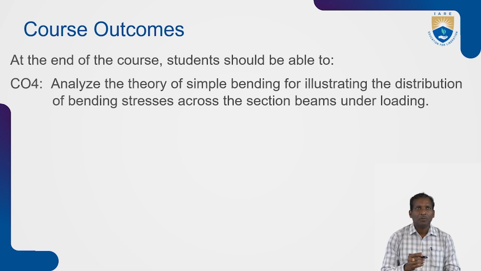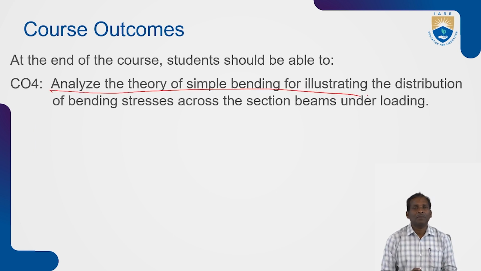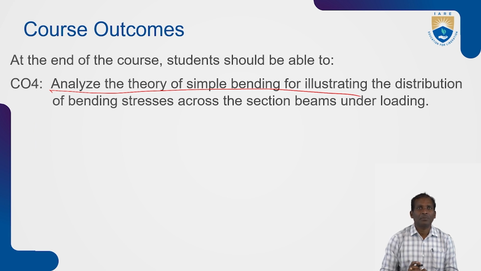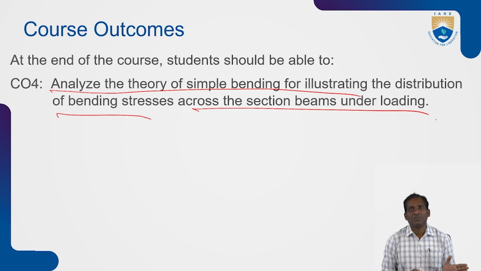Before entering the main topic, the student should know the course outcome. By the end of the course, the student should be able to analyze the theory of simple bending for illustrating the distribution of bending stresses across the section of beams under loading.